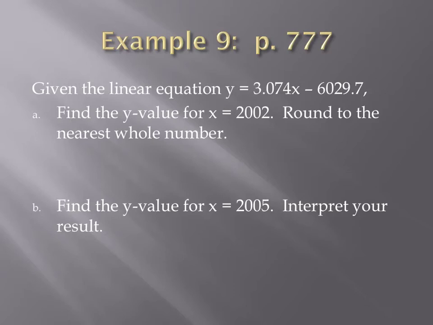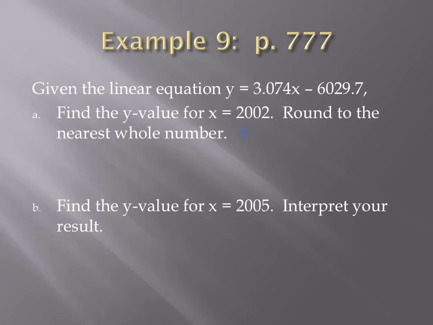Alright, and our last example for this section, given the linear equation y equals 3.074x minus 6029.7, find the y value for x equals 2002. Round to the nearest whole number. Alright, so there's my linear equation, and we're going to plug in 2002 for x.